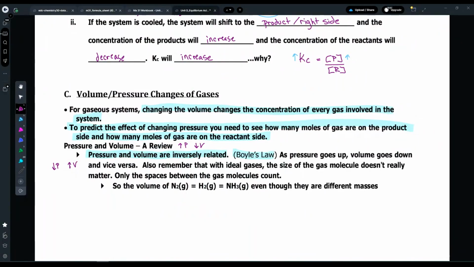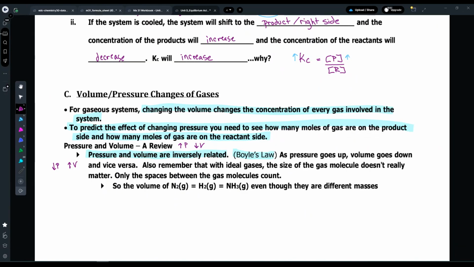So also remember that we're assuming all of these gases act like ideal gases, which means that the size of the gas molecule doesn't really matter, and only the spaces between the gas molecules count.